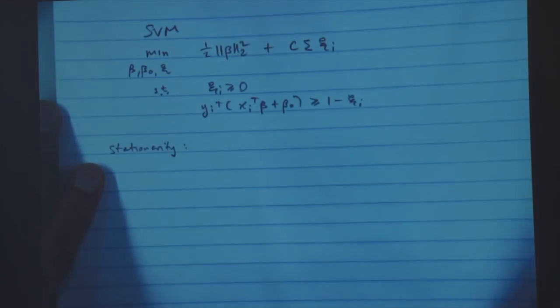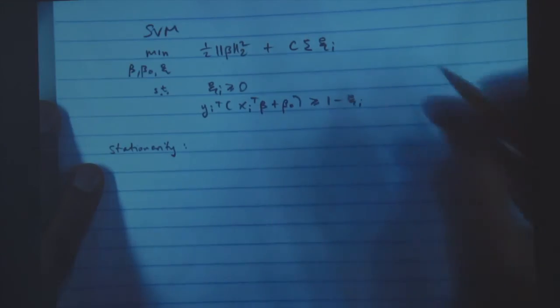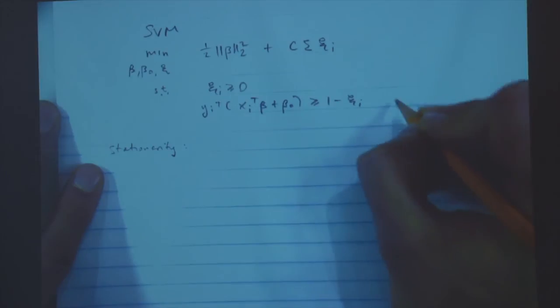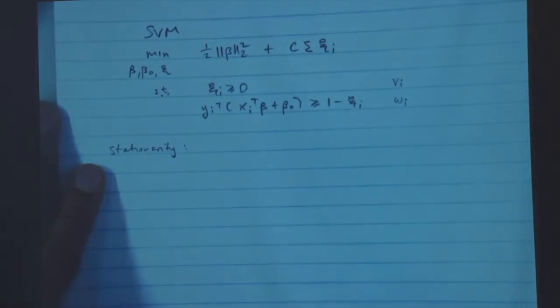Let's first differentiate with respect to beta, and let's put down a set of dual variables. I think I called them wi here and vi here. These have to both be non-negative.